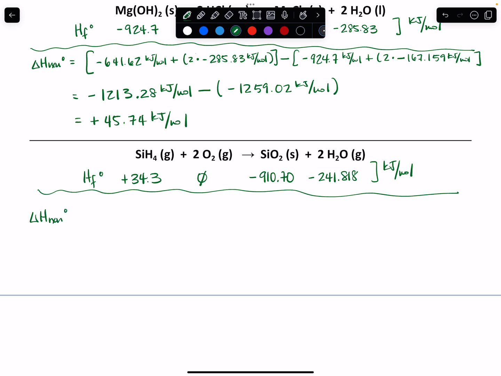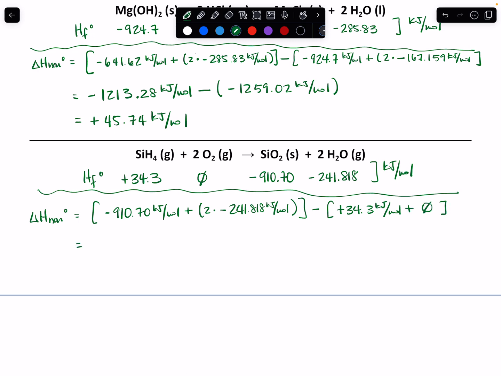Delta H of the reaction under standard conditions. Start with the products, negative 910.70 kilojoules per mole, plus 2 times negative 241.818 kilojoules per mole. So there are my products, minus those reactants, positive 34.3 kilojoules per mole, plus 0 for that oxygen.